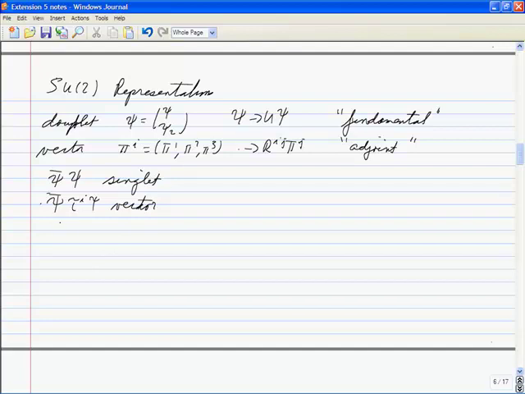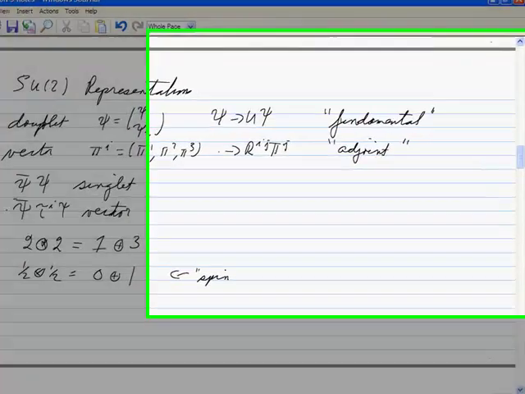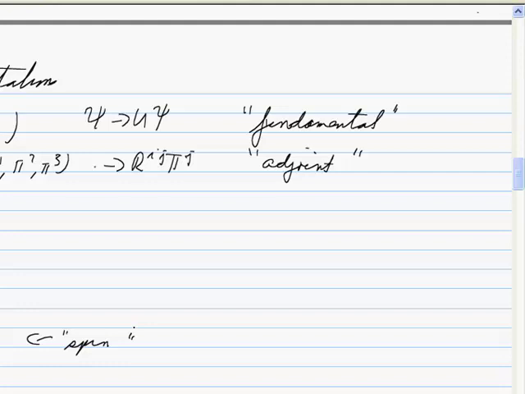And this is then the group theory that a doublet cross a doublet is a singlet plus a triplet, or in the old spin language would be 1/2 cross 1/2 is equal to 0 plus 1. So this is spin language.